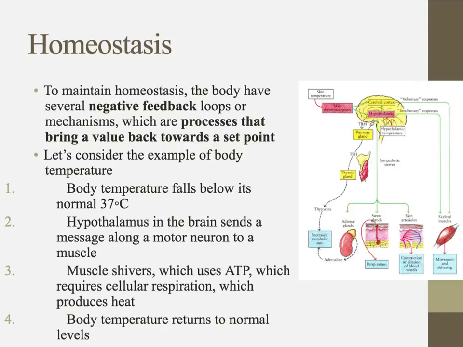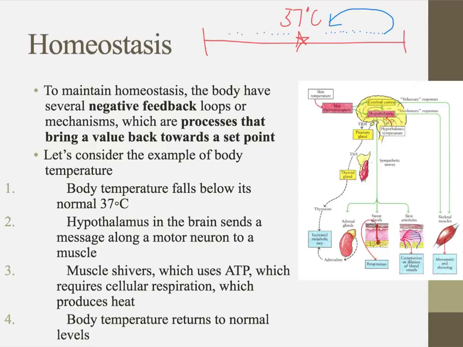Homeostasis works with a series of what we call negative feedback loops. And negative feedback loops sound really difficult, but they're not. We know that in a range of values, we're supposed to be somewhere in the middle. For body temperature, for example, your body temperature should remain about 37 degrees Celsius. If you get too hot, some things are going to happen to return your temperature back to that middle value.